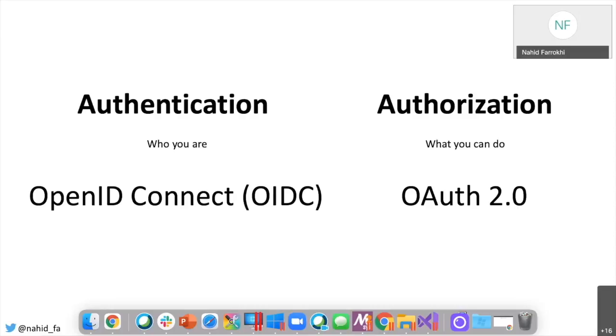The solution provided for authentication is OpenID Connect, or OIDC. These applications, which are managing data on behalf of the user, also need to make sure the user can only access the data for which they are allowed to, right? Here comes authorization to deal with granting or denying rights to access resources.